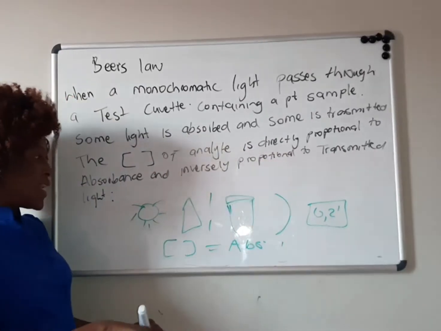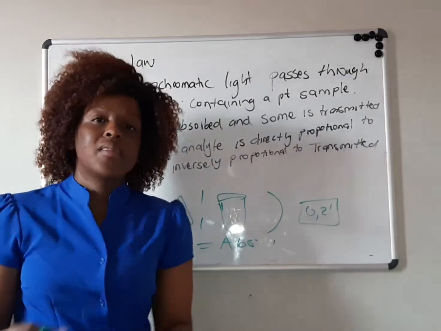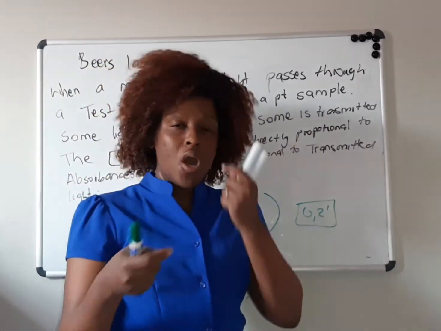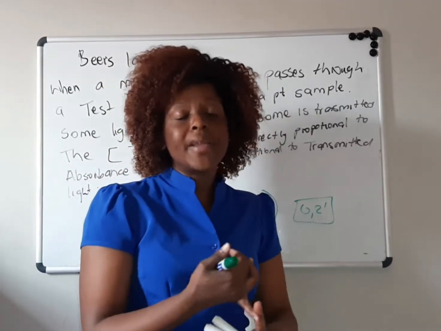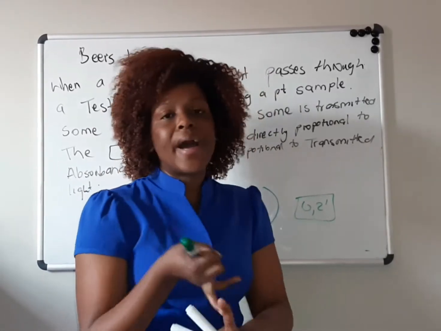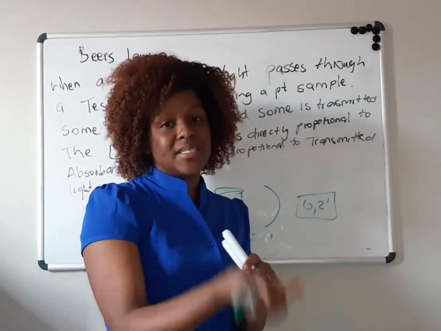That's basically what Beer's law says. There are two ways that we usually use in the laboratory to determine the concentration of an analyte by using Beer's law. One is by a calculation, and another one is by using a calibration or a standard curve.